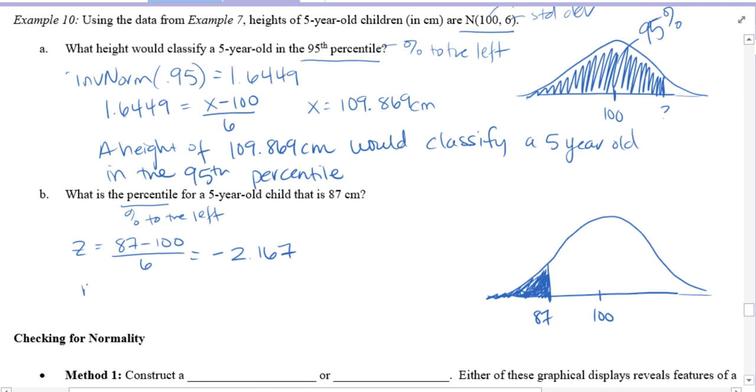Then we're going to use normal CDF. Here, our left bound, we're starting at negative infinity, like the number line, and we're going up to negative 2.167. Okay, so use your calculator to find that.